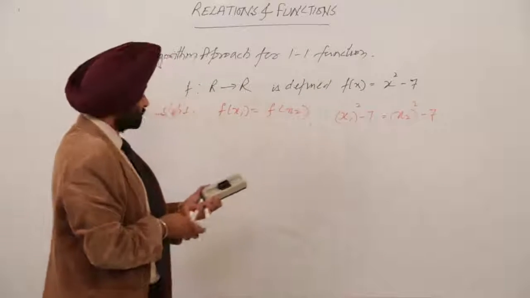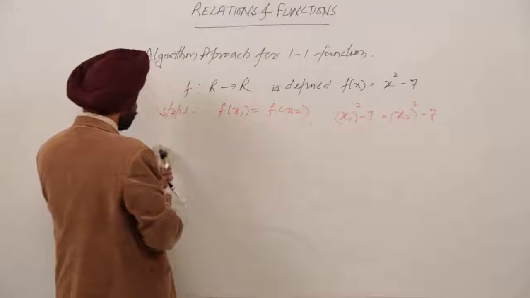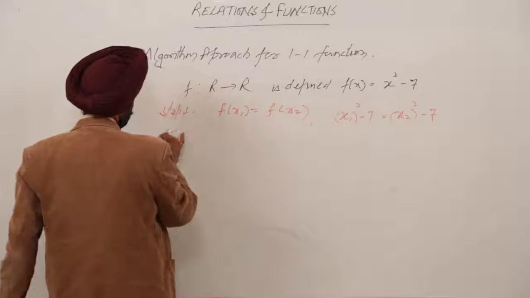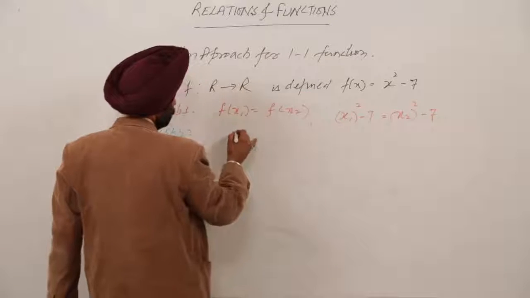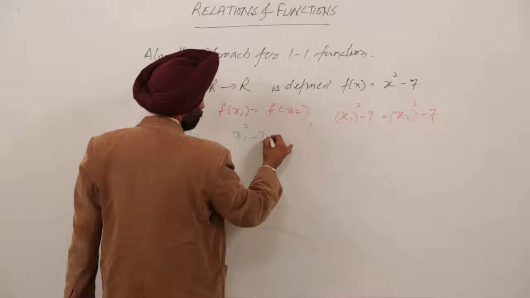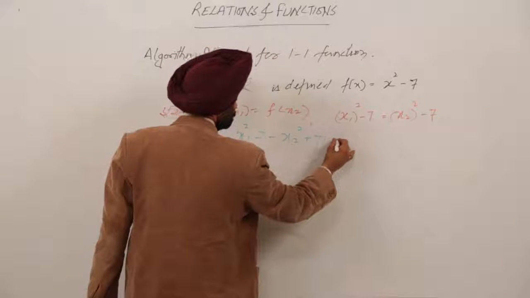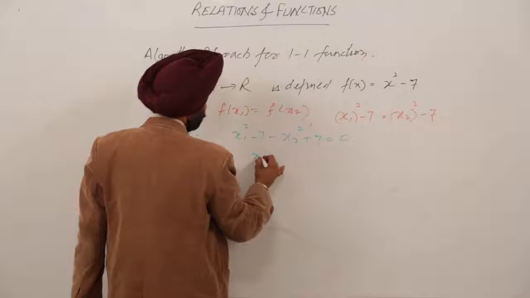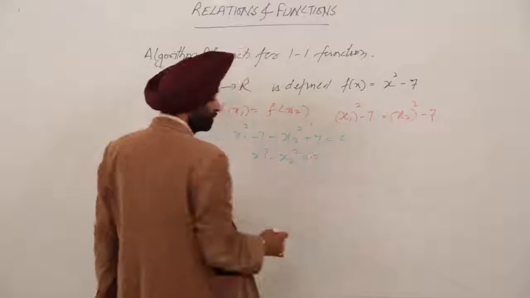Now the second step was to solve it. Step 2: let's solve this part. We have x1 square minus 7 minus x2 square plus 7 is equal to 0, and we are left with x1 square minus x2 square is equal to 0.